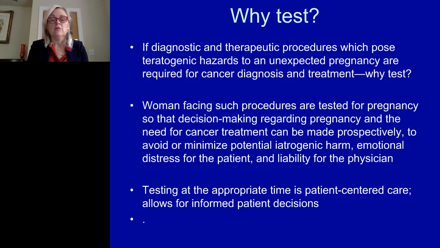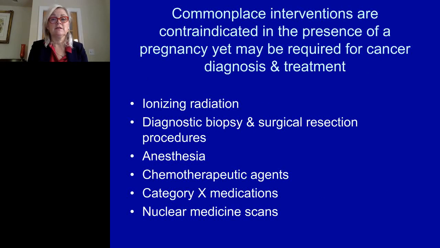Well, women are tested for pregnancy so that decision-making regarding pregnancy and the need for cancer treatment can be made prospectively to avoid or minimize potential iatrogenic harm when it's possible, and to avoid emotional distress for the patient, as well as liability for the physician. And doing this is patient-centered care and allows for informed decisions by the patient, and these decisions are the patient's.